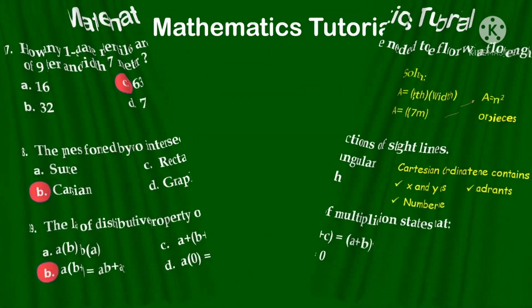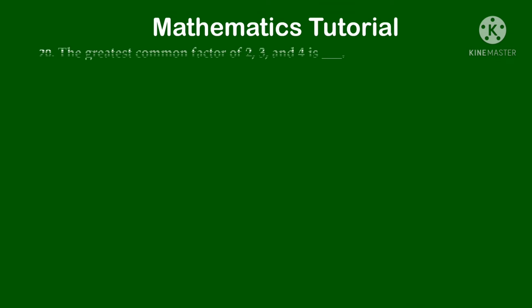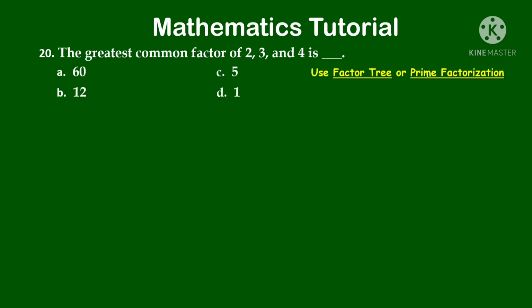For number 20. The greatest common factor of 2, 3, and 4 is. We already discussed this in the previous video, how to get the GCF or greatest common factor. So how do we use the greatest common factor method? Use factor tree or prime factorization.